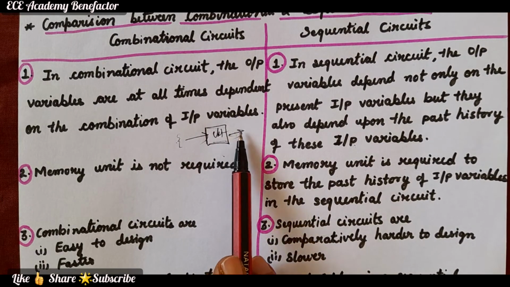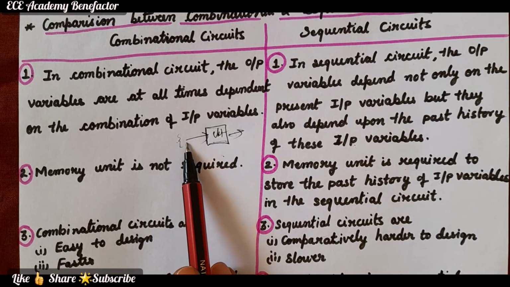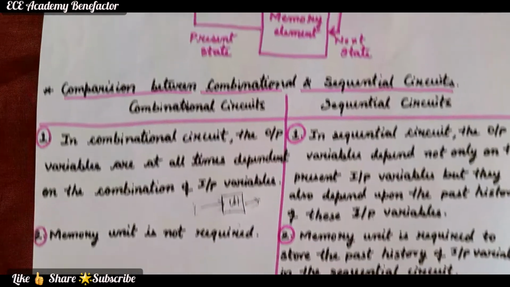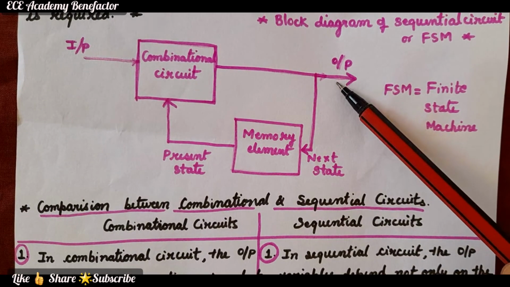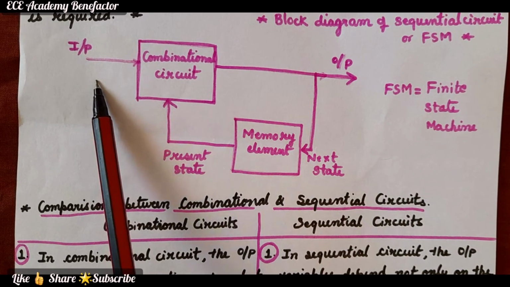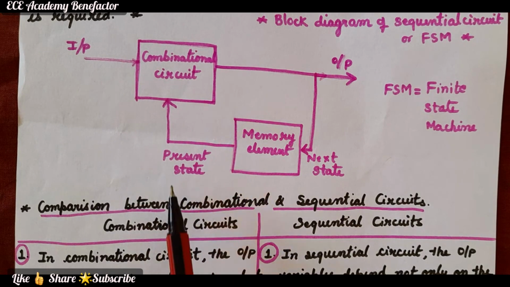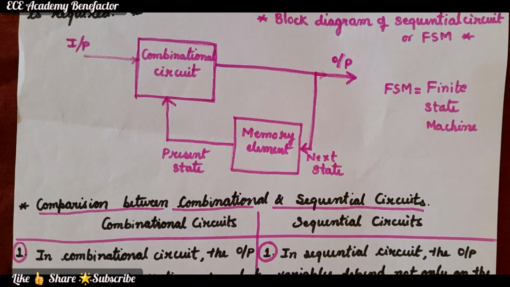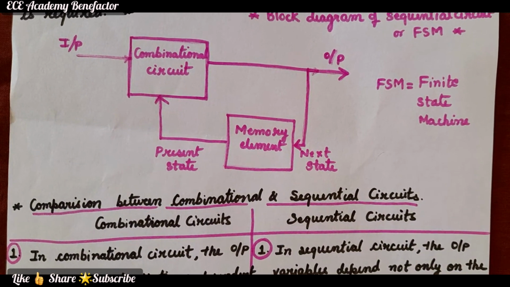In a combinational logic circuit, the output is depending on the combination of the input variables, whereas in a sequential logic circuit, the output variable depends on the present input variables, but also on the past history of these input variables. I hope you have understood the introduction class of sequential logic circuits.